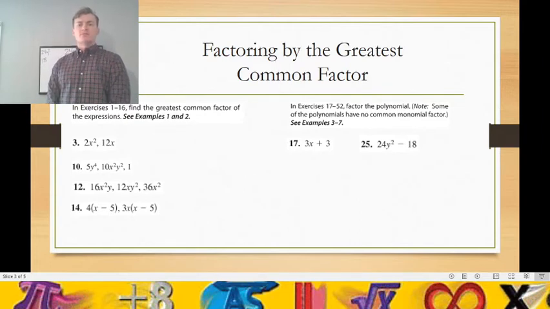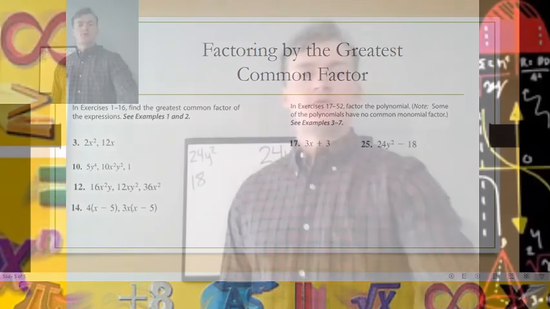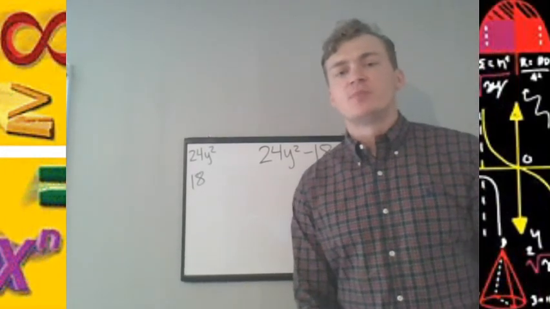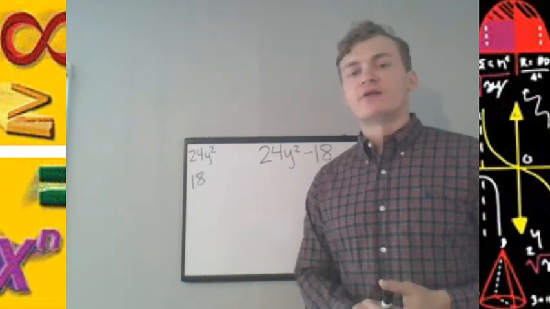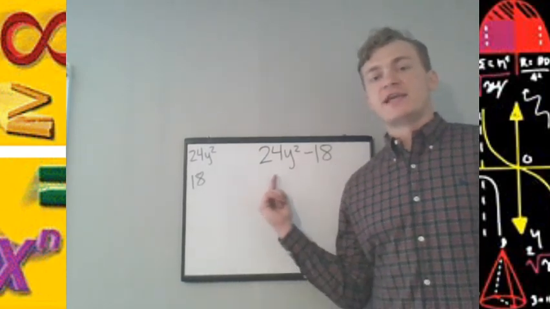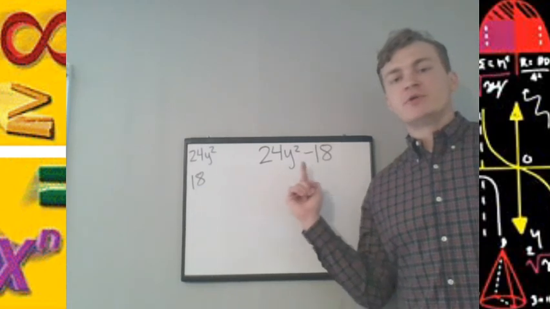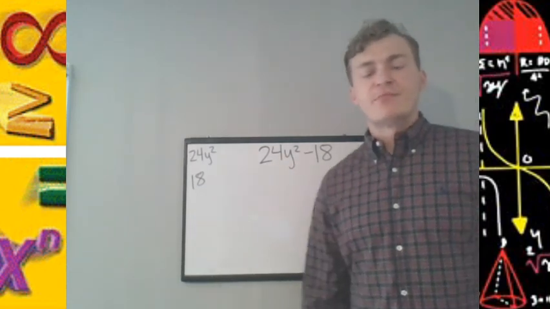24y squared minus 18. Factor the polynomial. Anytime we factor a polynomial, the first thing we want to ask ourselves is there a greatest common factor? We start by looking at each term in our polynomial. Here we have 2, making this a binomial.